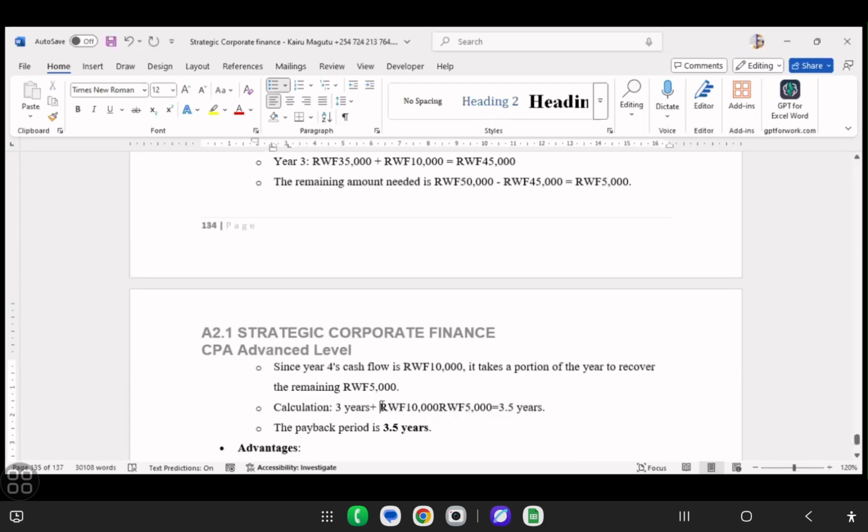Let me show you how I'll put this. The remaining amount is 5,000. We divide by the 10,000 in year 4. It tells us that this period is 3.5 years.